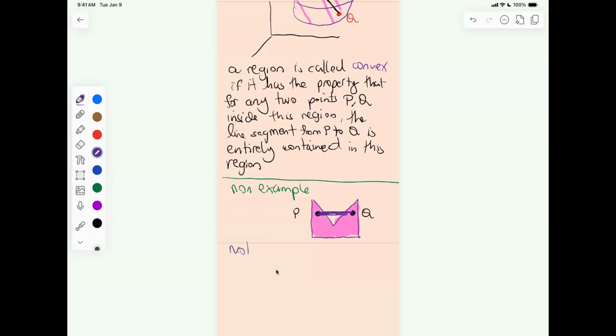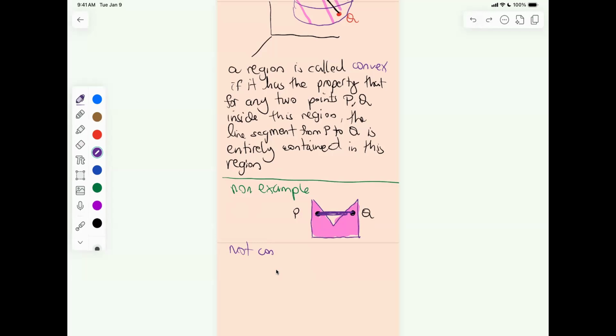So not convex. Of course, here's a point and a point, and that line segment is entirely contained in the region. I don't care. I just need to find 2 points whose line segment is not entirely in the region for the convexity to fail. So it is a strong claim, because no matter which 2 points you choose, the line segments always need to be inside the region.